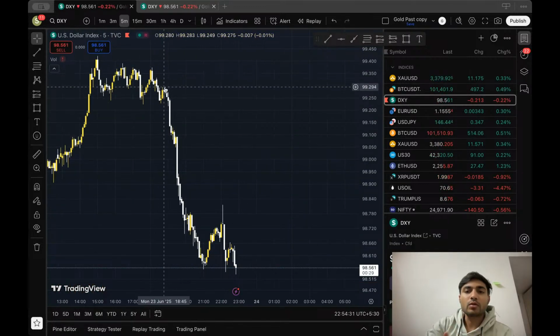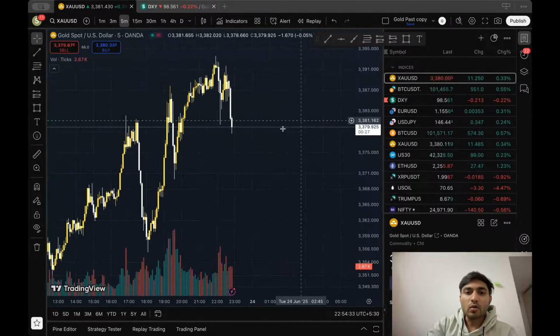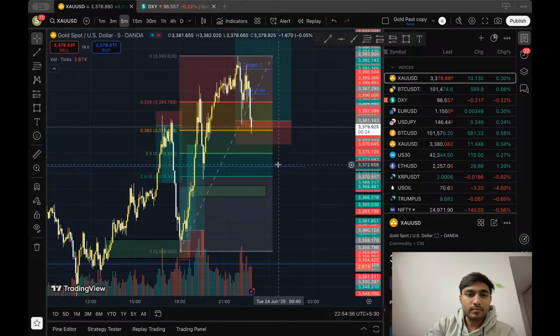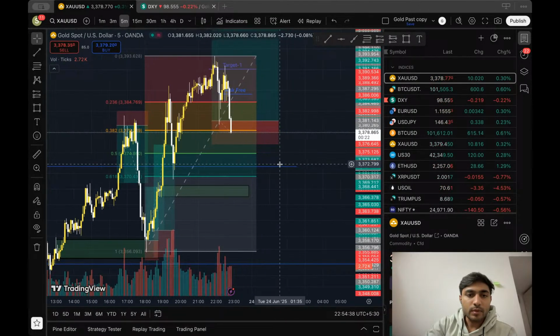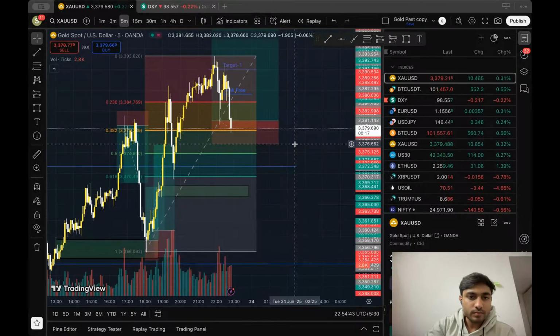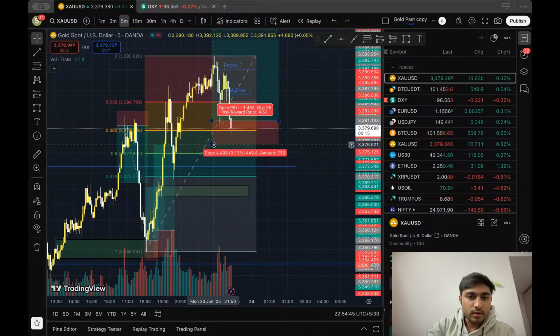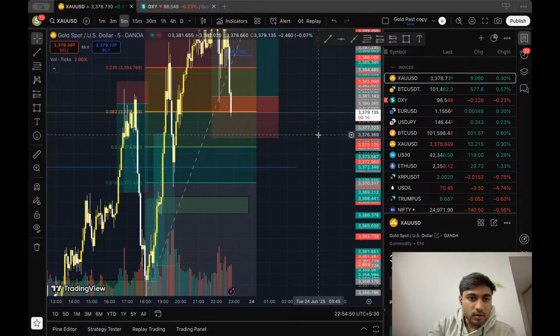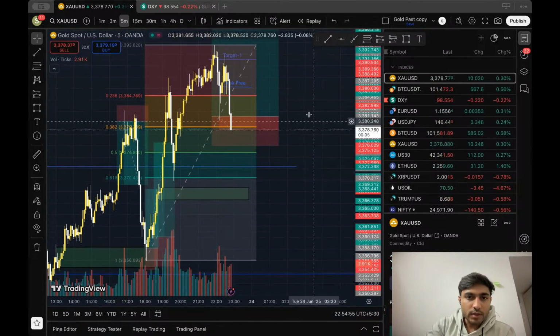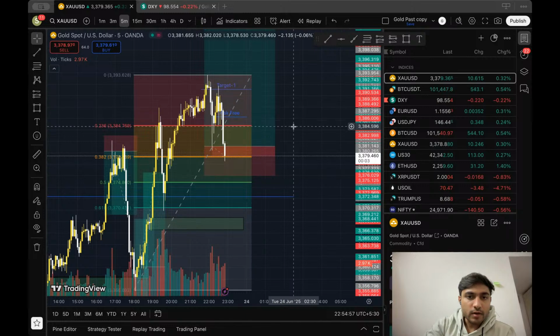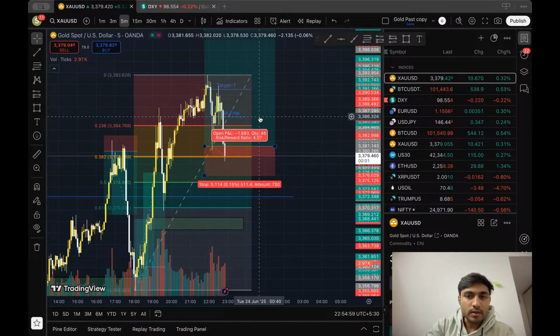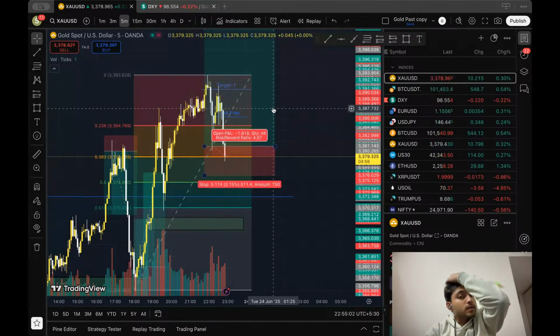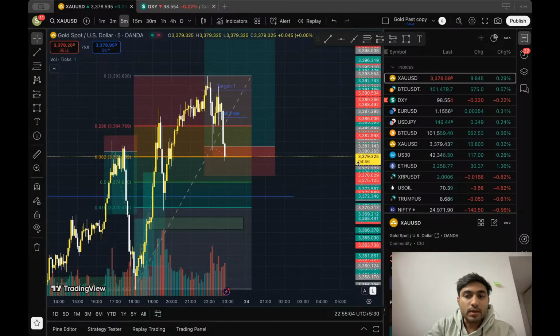DXY is falling, so I would expect gold to go up, but maybe it needs much more liquidity down here. There are stop losses at this level. Could be risky, but we are already risk-free here and target one is also hit, so it doesn't matter right now.